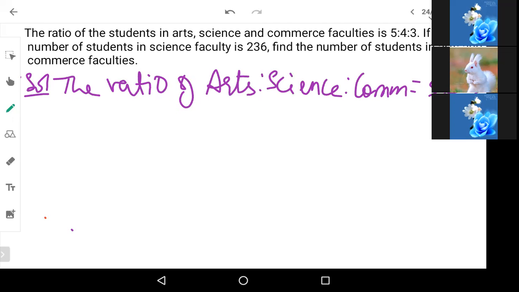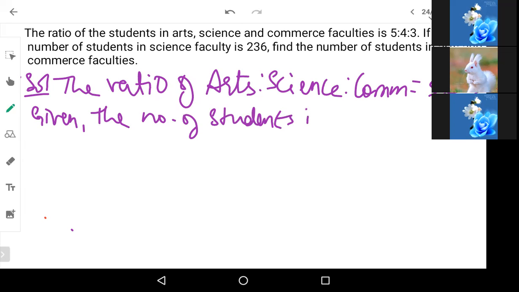And they have given the number of students in science, which is 236 students. Okay. Now in the ratio arts, science, commerce, 5 is for arts, 4 is for science, 3 is for commerce. Correct? So for the fourth part here, it is 236.